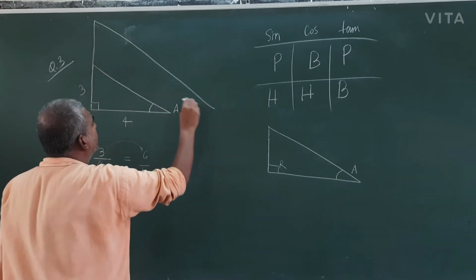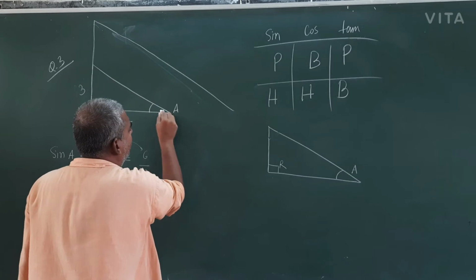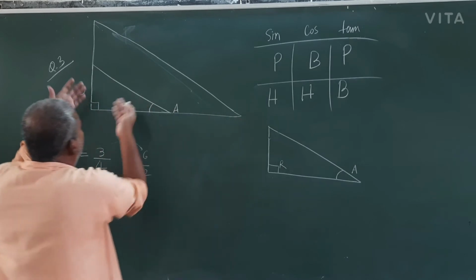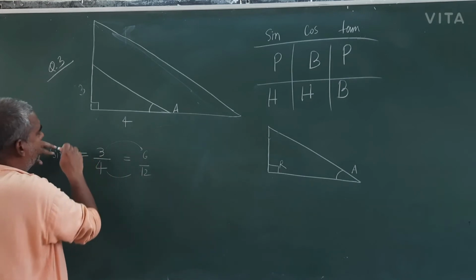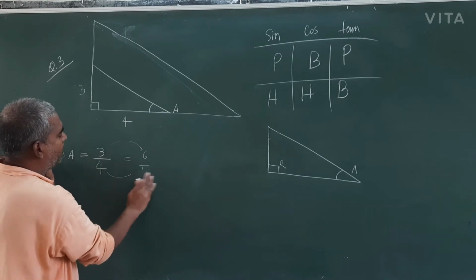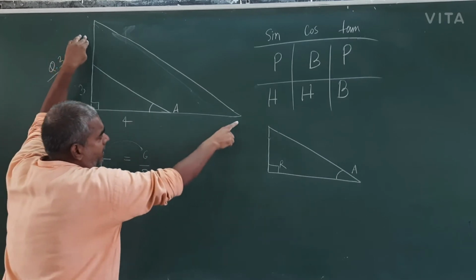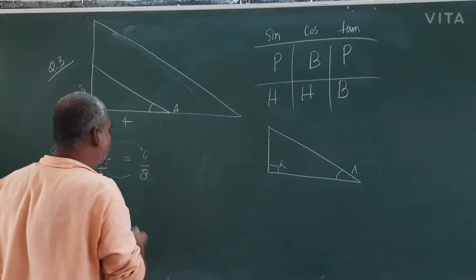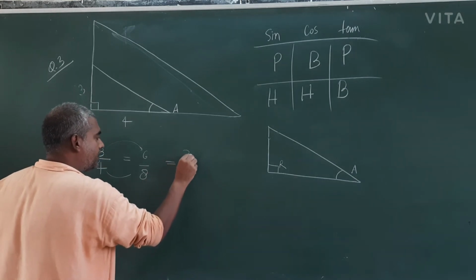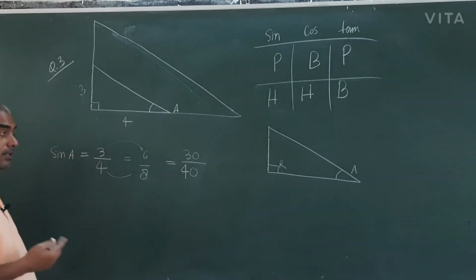If you double it again, this is 6, this is 8. So we don't know. That's why this may be 30, and this may be 40.